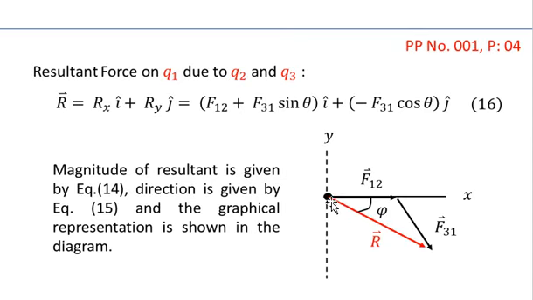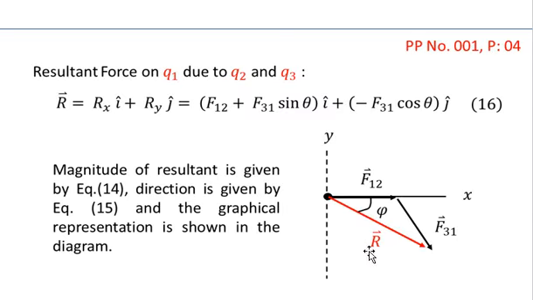The two forces shown in black are being added by the head to tail rule. The resultant vector R is given by joining the tail of the first vector to the head of the last vector, and is represented by the red arrow and indicated with a vector capital R.